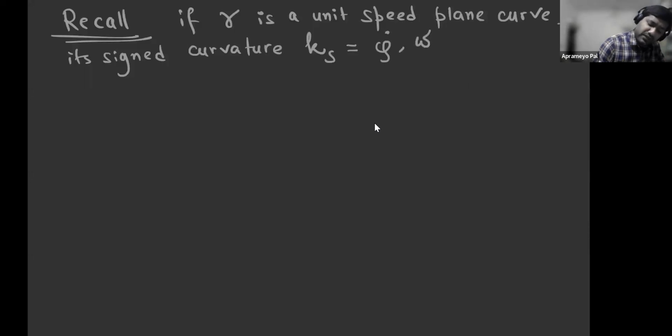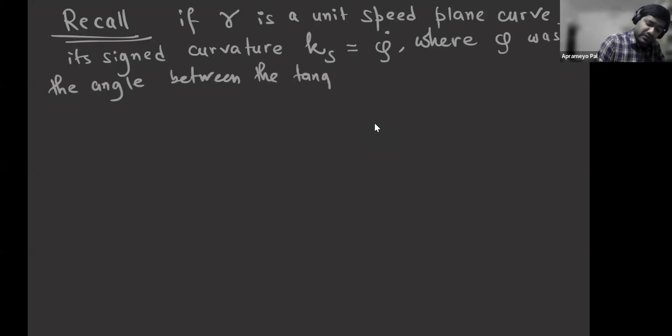What was phi? Phi was the turning angle, where phi was the angle between the tangent vector gamma dot and a fixed direction.